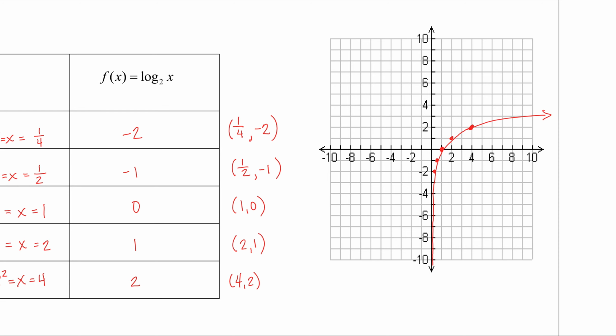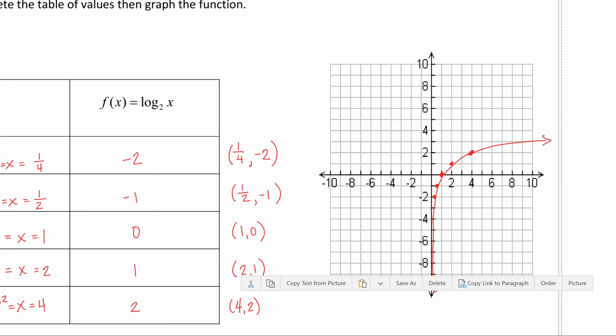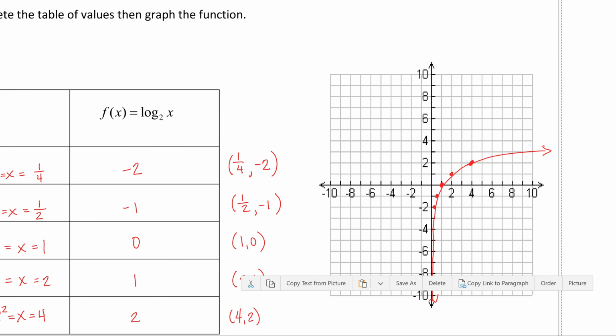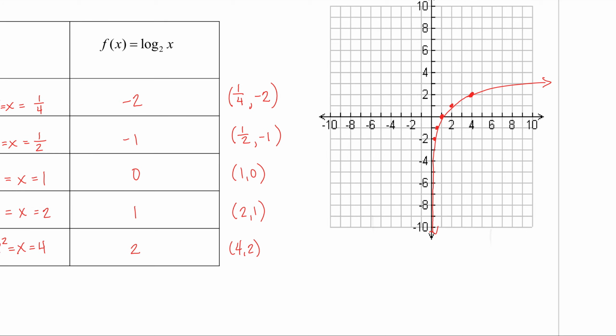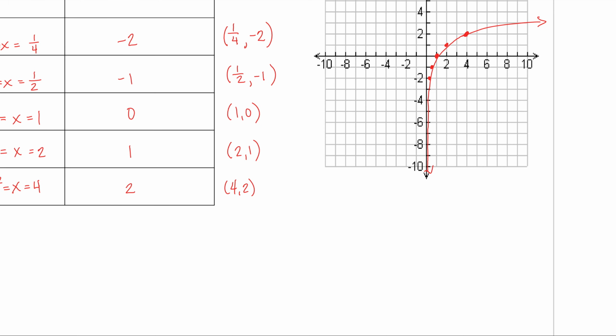All right, and because from left to right, I went from negative to positive, this is actually a logarithmic growth. So this is a growth formula. The way we do our domain and range for these is different. Our domain, remember, we're reading from left to right.